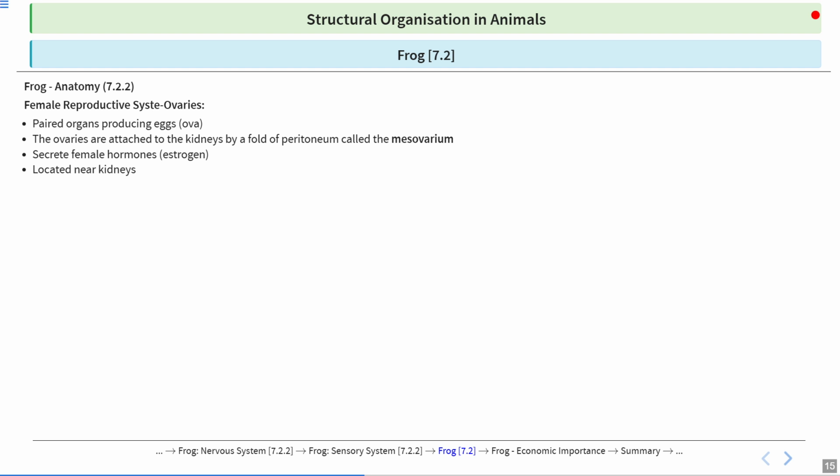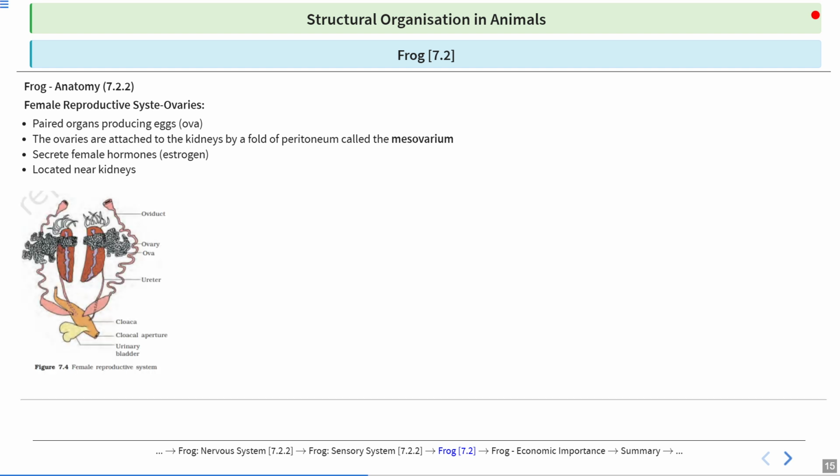Located near the kidney. So here you can see this is the ovary. And you can see this black spot here, the number of ova present inside this ovary. The position you see is quite different from the testes. They are not attached to the kidney at the same region where you see the ovary, right?